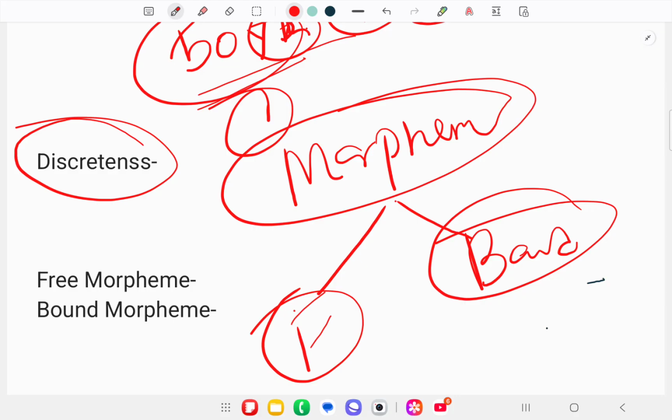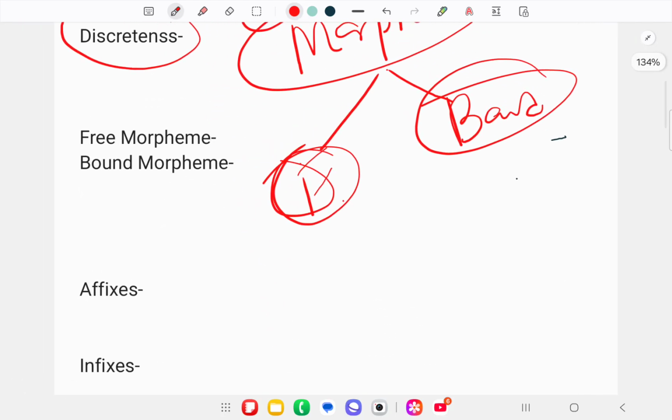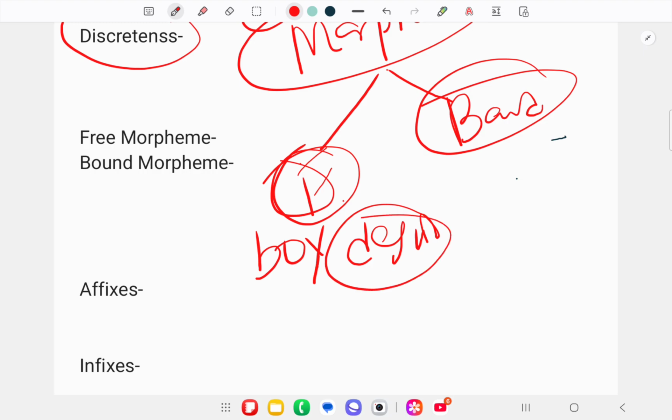Free morphemes are like boy, desire. I can directly say that it is a root word, which is a free morpheme, where we can attach anything.